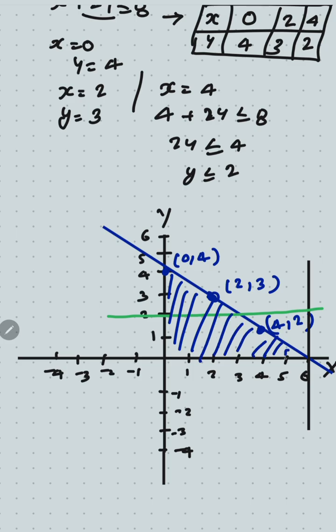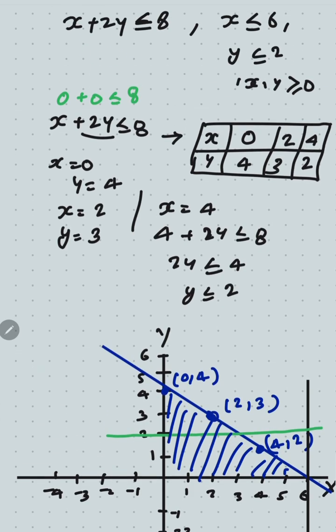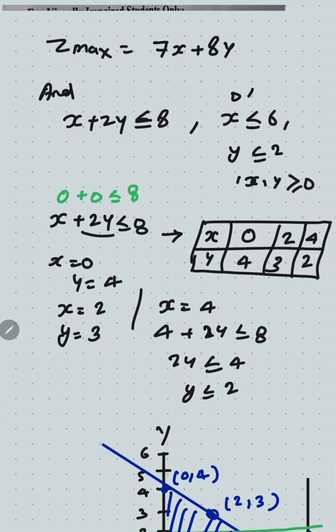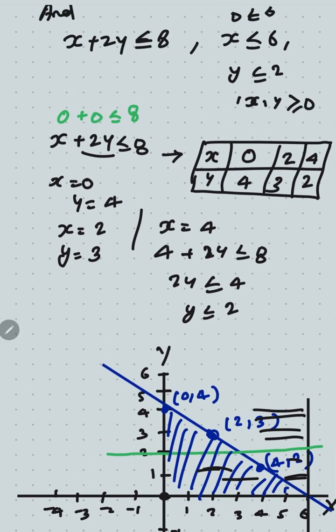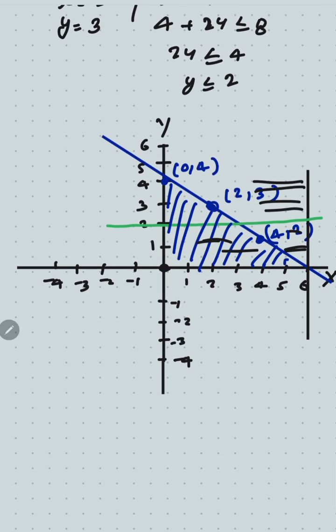Next, put here 0, which is less than 6, so this region will be this, 0 will be included. And next, put here 0 is less than 2, that is true, it means this region. Then which region is common? This region will be common.